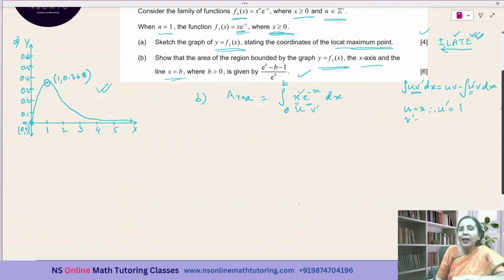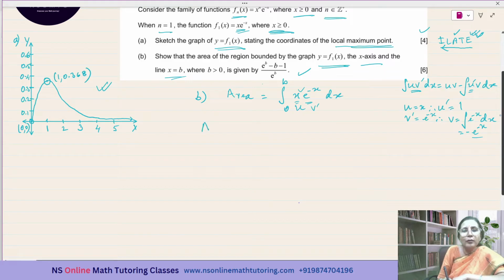Okay, so v dash is equal to e to the power of negative x, therefore v should be equal to the integral of e to the power of negative x dx with respect to x, of course. Okay, so what is the integral of e to the power of negative x? It is negative e to the power of negative x, and we will not be using the plus c part for this integral.